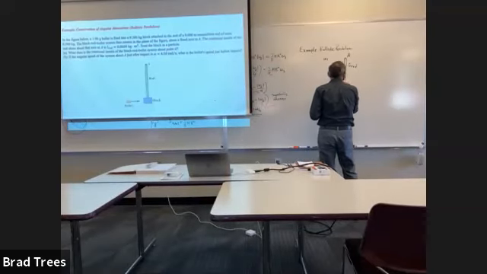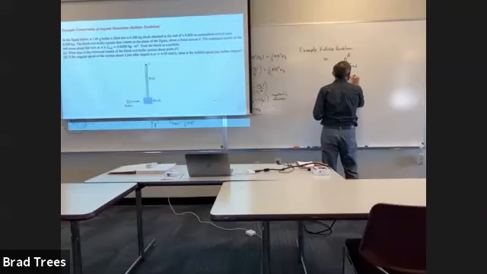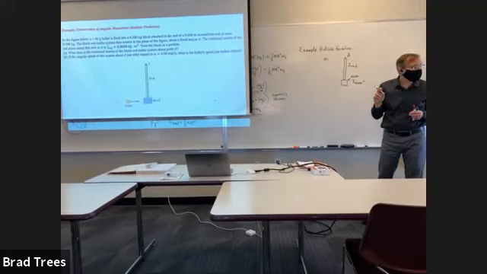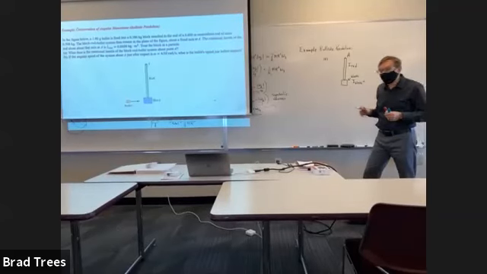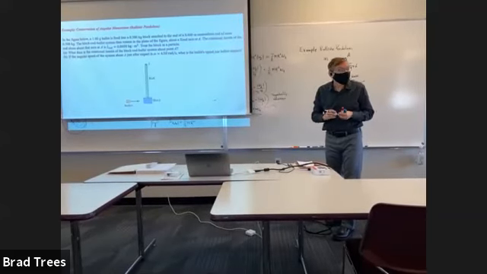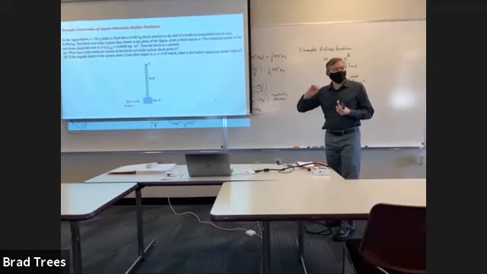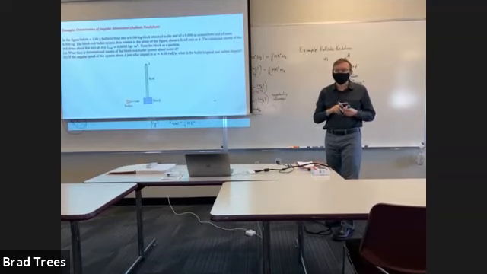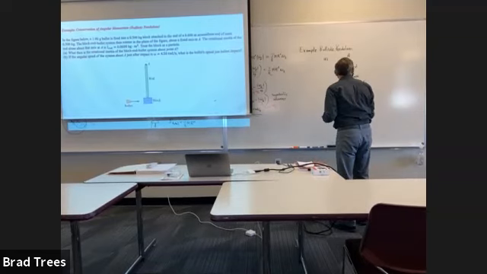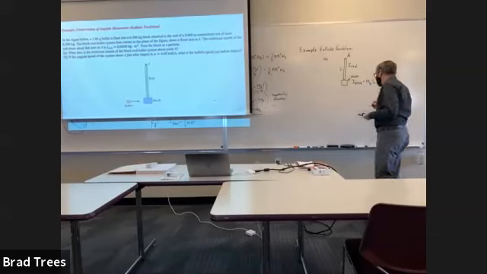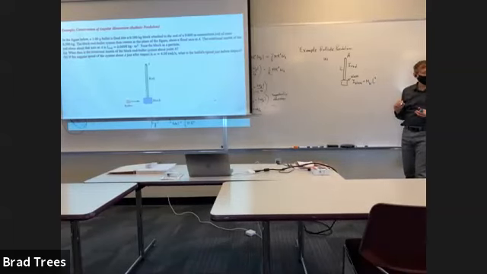Then there's the block. So it has a contribution. We'll call it I block. It says I get to treat the block as a particle. You'll want to remember the rotational inertia formula for a particle. It's easy. Take the mass of the particle times the perpendicular distance it is from the axis of rotation squared. This rod has some length L, so this is the mass of the block times L squared, if we get to treat it as a particle.